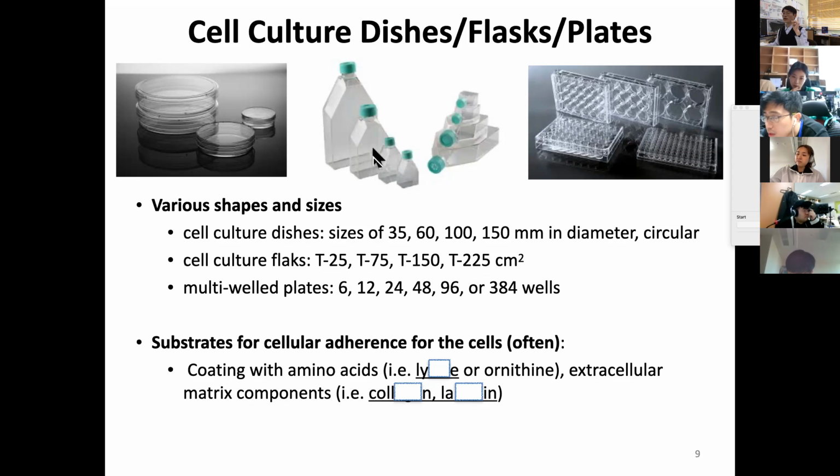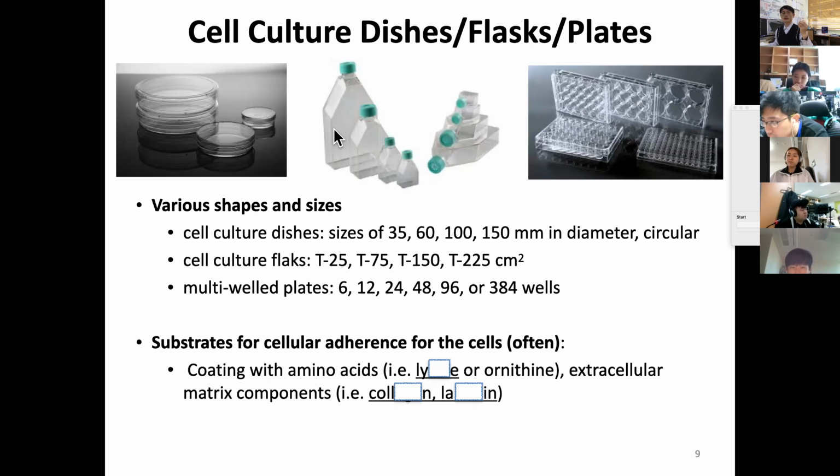Making it stand up, you can use it for not only adherent cells but also floating or suspension cells, such as immune cells. But this is more for growing and expanding the cells so that you can perform multiple in vitro experiments.